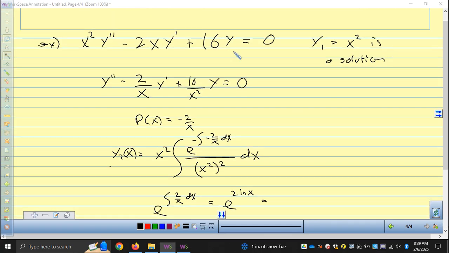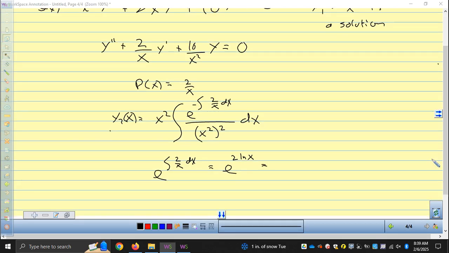I think I want this to be positive based on how I solve this. Yes. That's why I was hesitating. So this should be negative, which is e to the, sorry, which is x to the negative 2. Use properties of logarithms, so I get x to the negative 2.